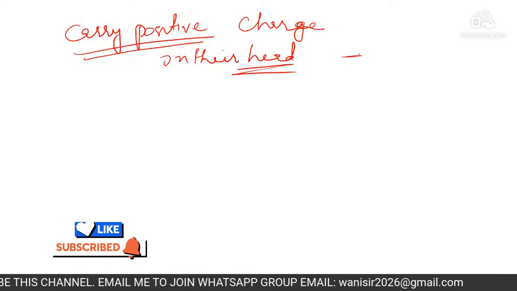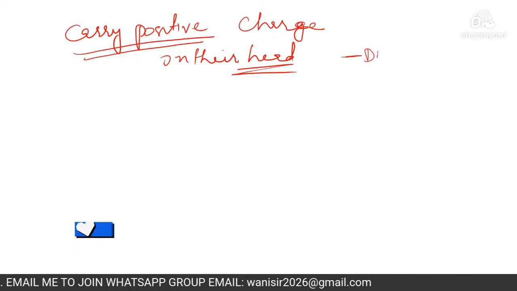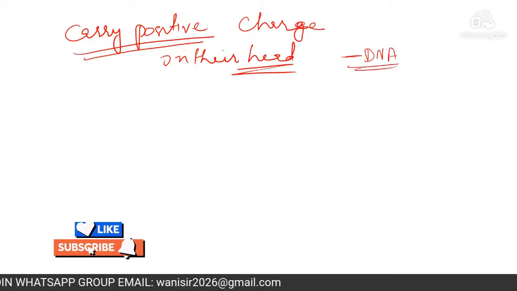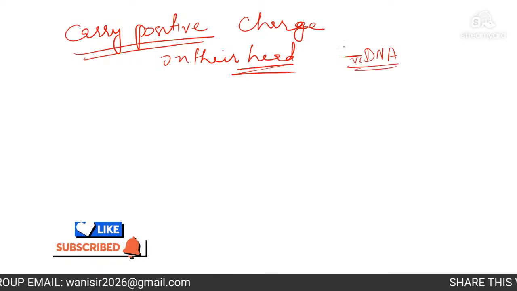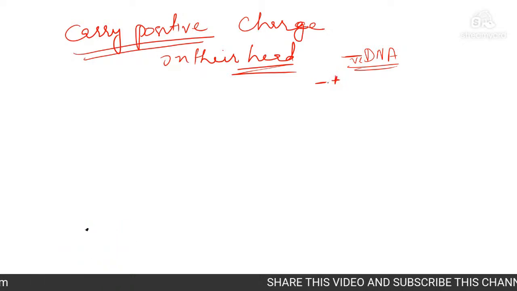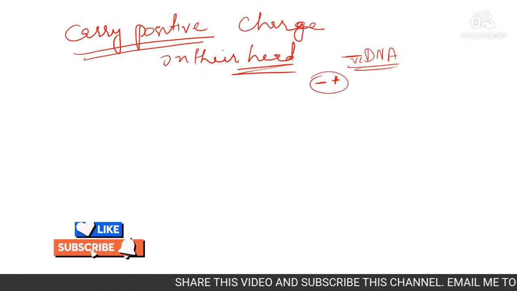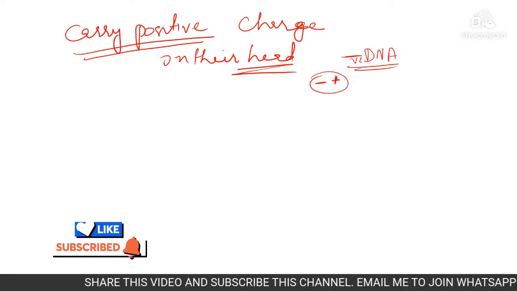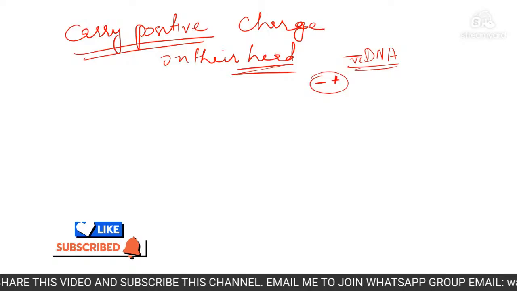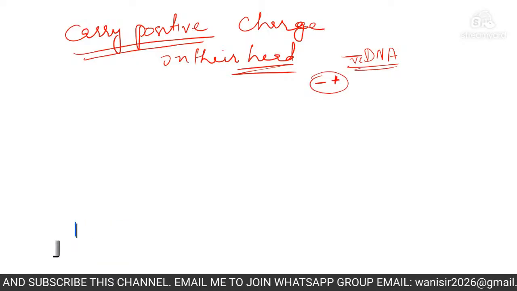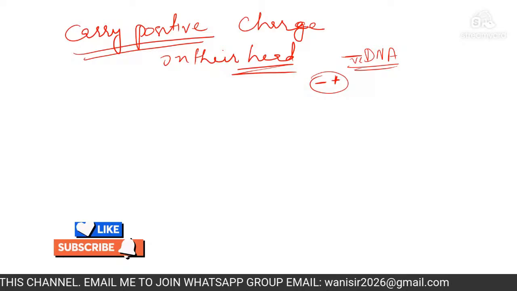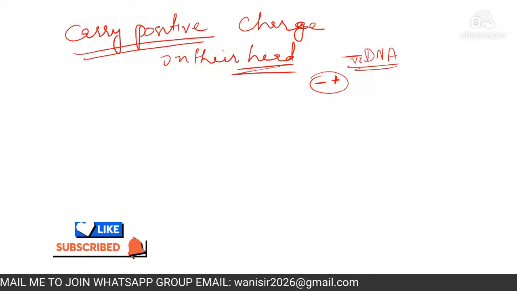So we add positive charge so that opposite charges attract. They will not repel each other, but will attract, and the DNA will bind to it. So these positively charged liposomes can bind to the DNA and form a complex. They are called lipoplexes.